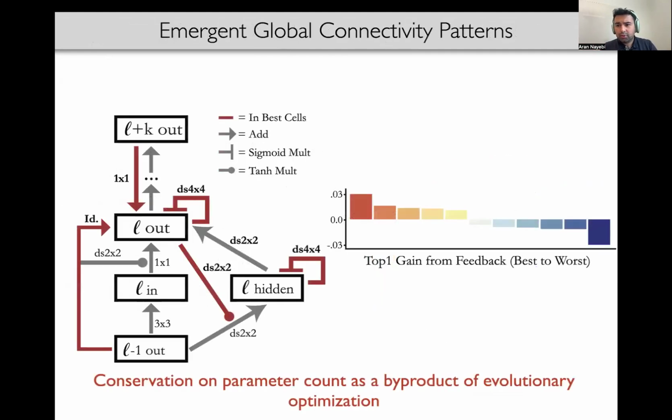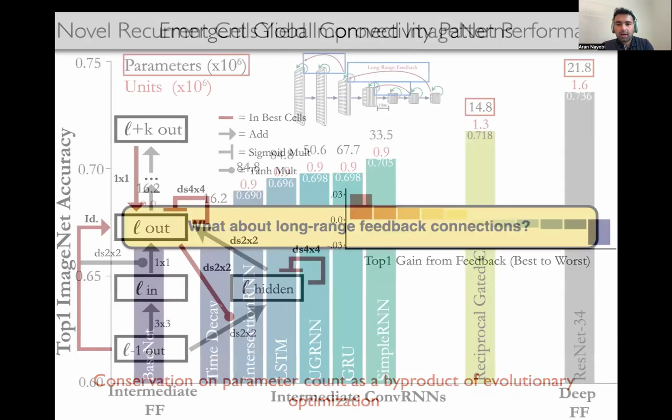The one nice thing about doing these large-scale evolutionary searches is you can look at patterns, not just in the top model, but across, say, the top 50 models or top 100 models. And what we saw, interestingly enough, was that a pattern of global feedback connectivity emerged, as well as choices of certain operations like depth-separable convolutions, which end up being more parameter efficient in the long run.